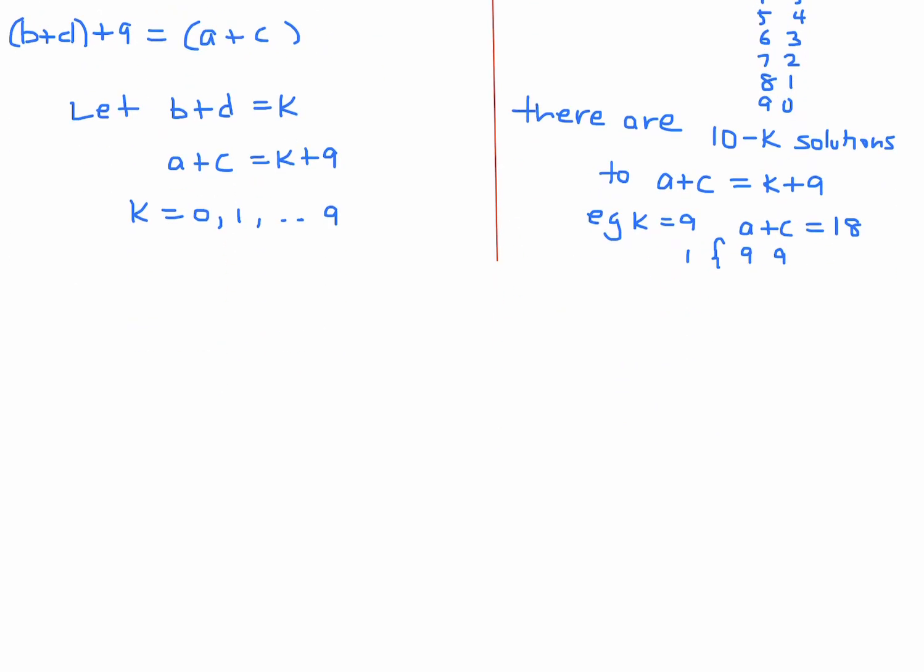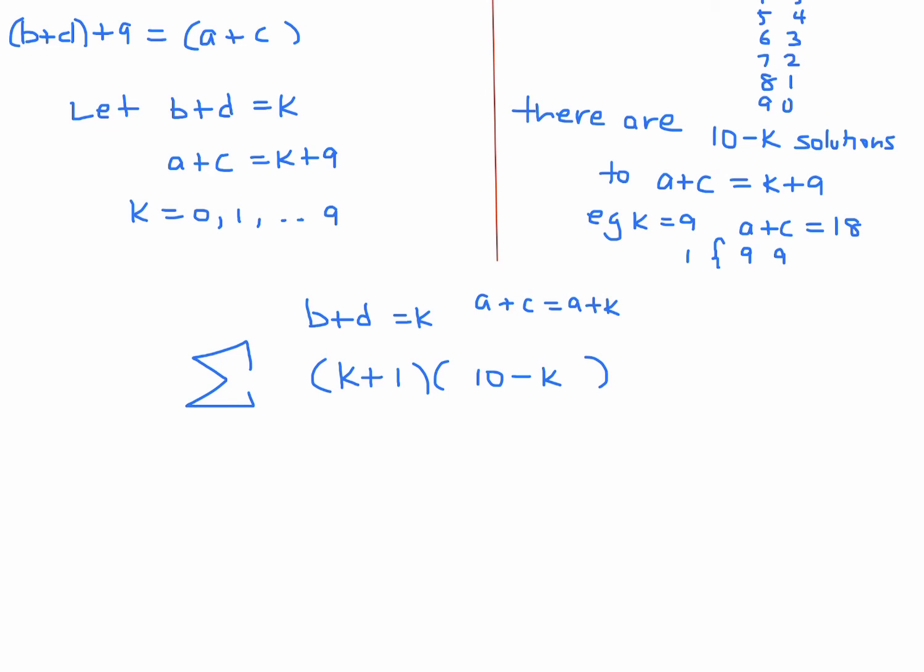So the total would be the number of cases of b plus d equal to k, which was k plus 1, multiplied by the total number of cases where a plus c is equal to 9 plus k, and that was 10 minus k. And all of these have to be added up, and remember k was going from 0 to 9. So this is our formula right here.